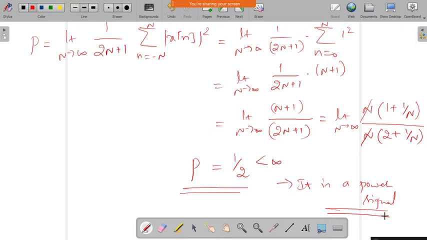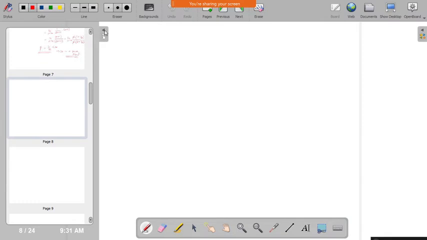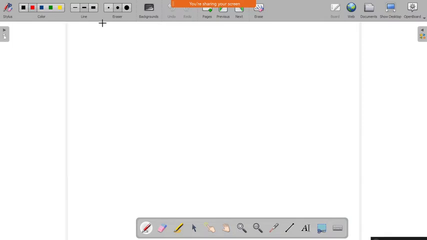Okay, is it understood? Any doubt? Okay, so now try to find out this one. x of n equal to half power n into u of n.